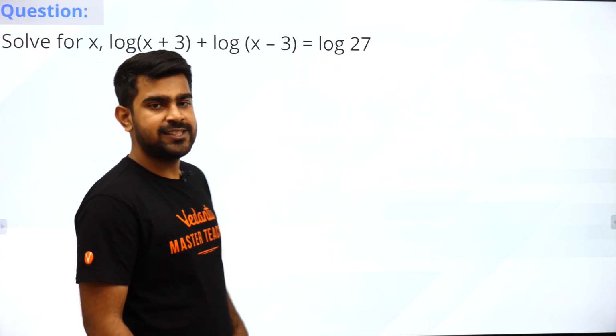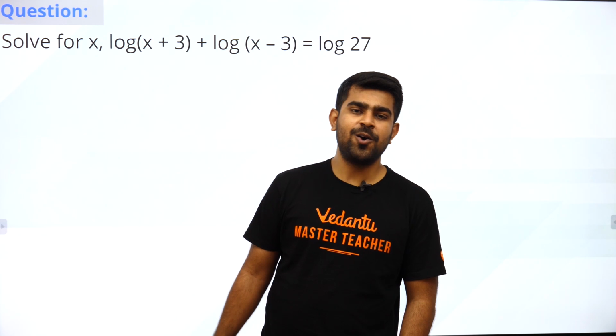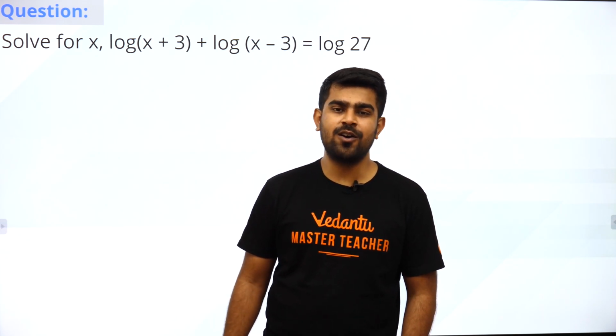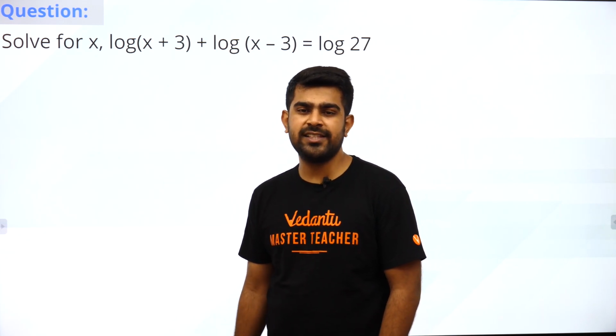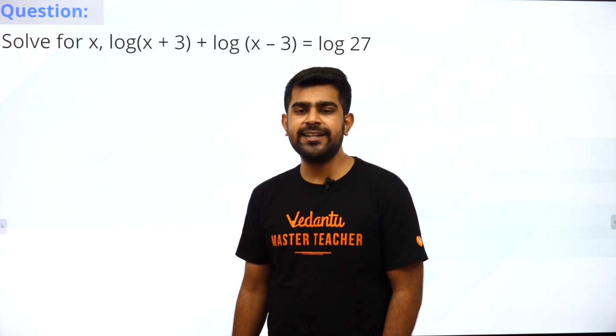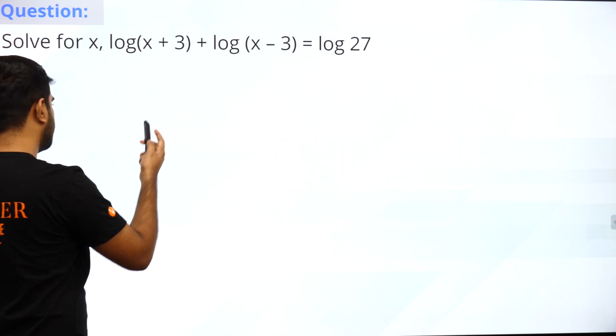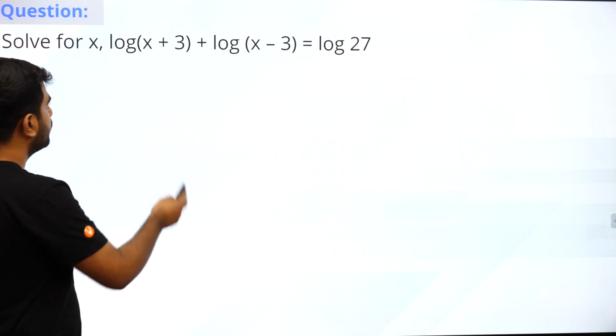So the next question is log of x plus 3 plus log of x minus 3 is equal to log of 27. If there is no base given, don't worry about it. You can take it to be 10, for now. So let's have a look at this question. Okay, I need to take the pen.